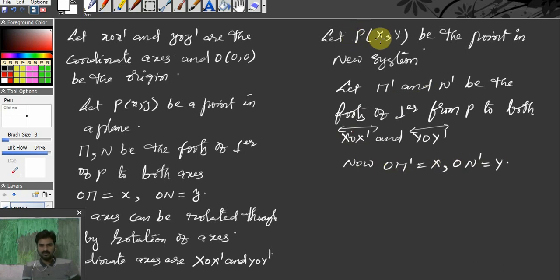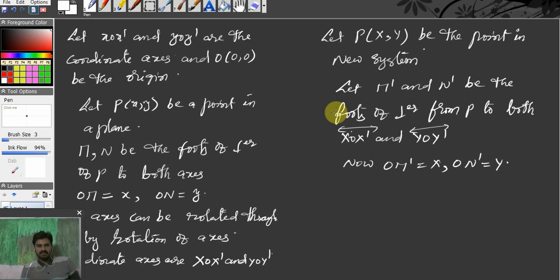coordinates of the point P, capital X and capital Y, in the new system, we have to write here. In the before class, that means in the translation of axis, there the origin was shifted. So here the origin shifted point will be given in the translation of axis. In the rotation of axis, the angle of rotation will be given. That is the major difference of both problems.